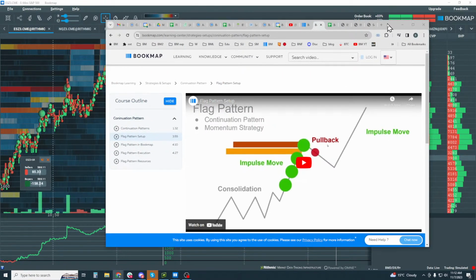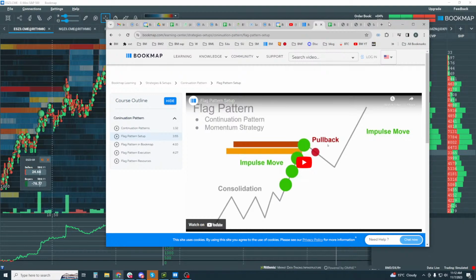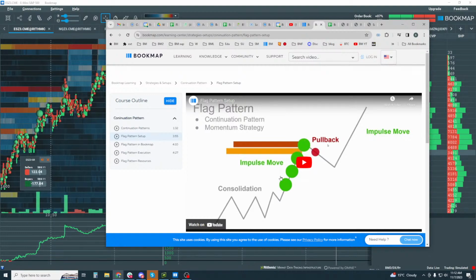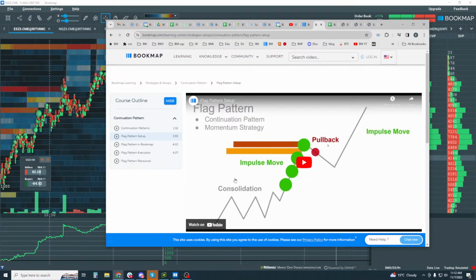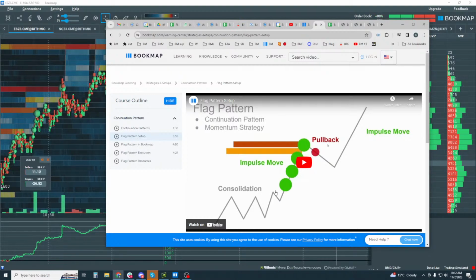Rob, I hope this is helpful for you: we are leaning on the previous moves, and understanding the order flow in here to back us. They've got our back. That's what we're looking for in here.